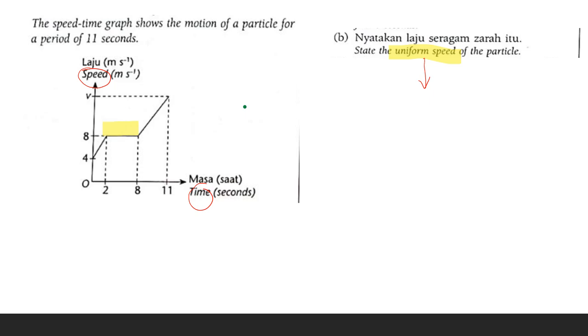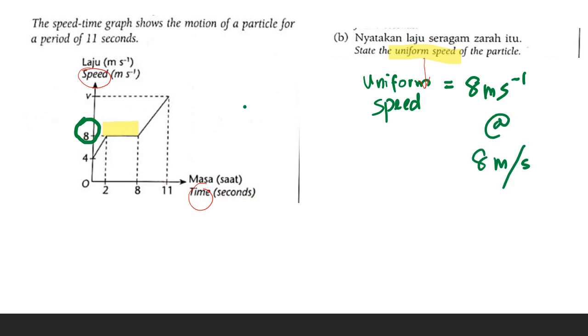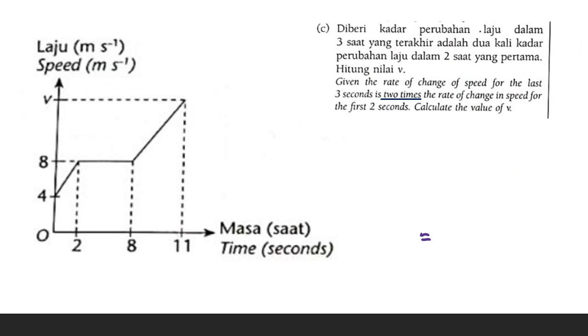Okay, so state the uniform speed. How do you state? Uniform speed is at 8 meter per second. That is the uniform speed. Or you can write also m/s. This is just how you write.